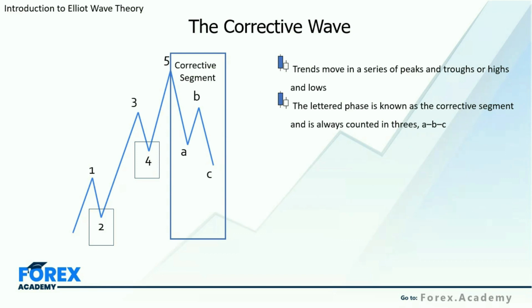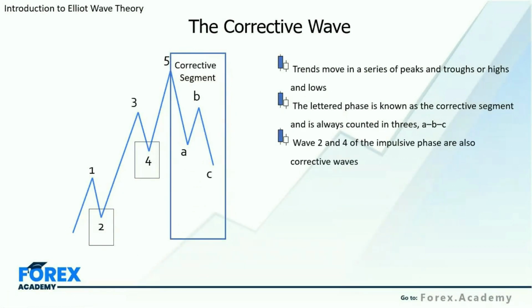So whereas we're looking for 5 waves to the upside, you would also be looking, if you're applying Elliott wave theory, for 3 waves to the downside in this particular example, and they're always counted in 3s. And to differentiate between the impulsive and the corrective wave, we're now looking at ABC in terms of a price move.